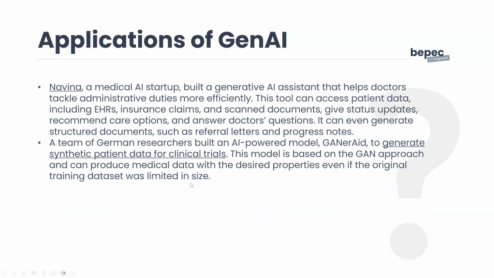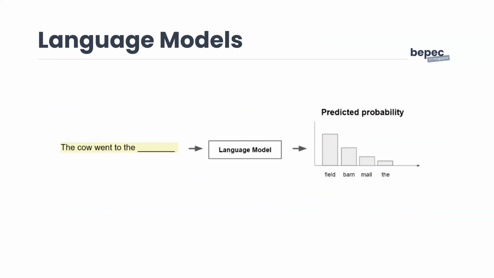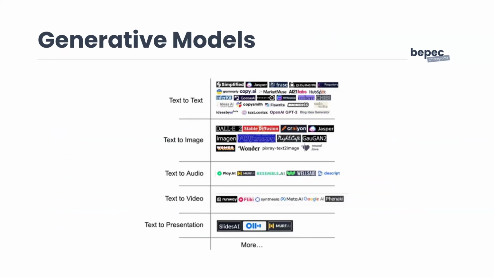There are various examples of generative AI, and these are the different types of models we call language models. These are the uses: we have text to text models, text to image, text to audio, text to video, text to presentation. Nowadays, all the models we are seeing are multimodal.